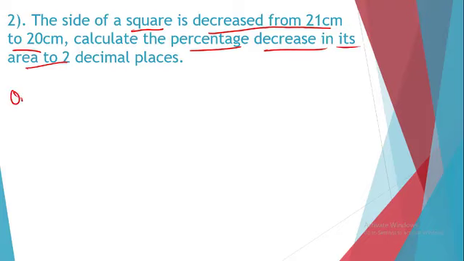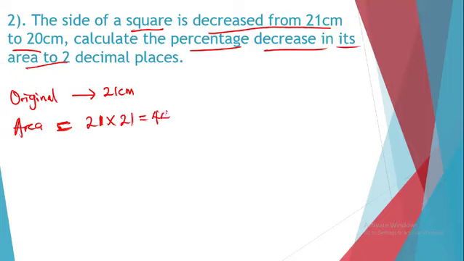Okay, let us start. The original measurement is 21 cm. The area of a square, considering the original measurement, would be 21 times 21, since all the sides of a square are equal, and that gives us 441 cm squared.